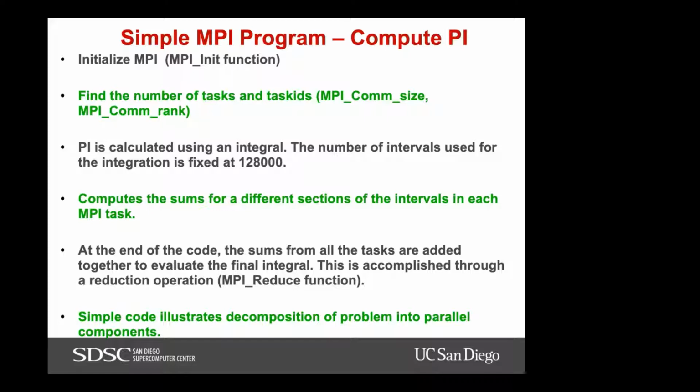You can always do the sums for different sections separately, right? And then at the end of the code, you can do a reduction operation that sums all the tasks together to get the final integral. So it's a very simple code, but it illustrates all the pieces that you would see in an MPI job.